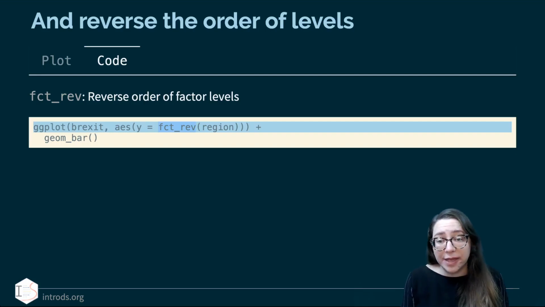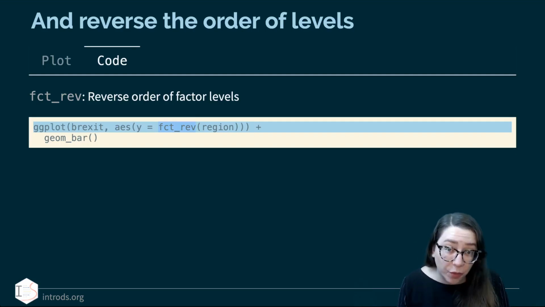Or in some of the examples so far, I've placed the function from the forcats package directly into my aesthetic mapping. Which one is right? Well, let me put it this way, neither of them are wrong. It really depends on what you're going to do next. If it's a quick fix in your visualization, and especially if you don't want that fix to alter your data, then you might want to handle it this way.